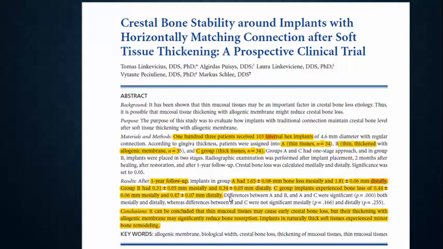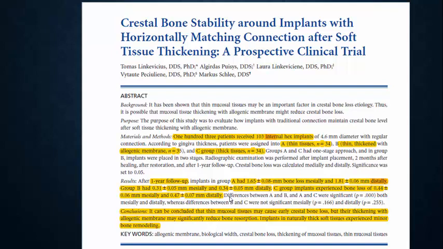Group B, which is a thin group, but they use alloderm soft tissue graft to thicken the tissue. Here we see that there is 0.3 millimeter bone loss on the mesial and 0.3 also on the distal. So it dropped down from 1.6 to 0.3 millimeter bone loss, and it's a significant difference.